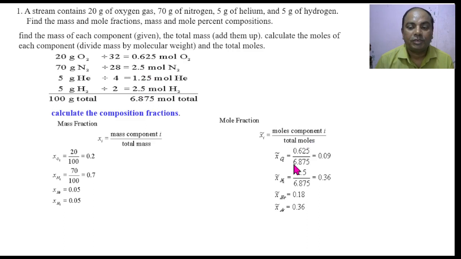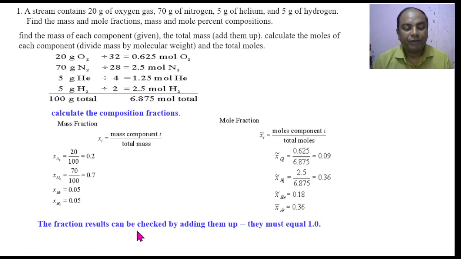So the moles of one component, oxygen, divided by the total moles gives a mole fraction of 0.09 for oxygen. Similarly, we can use the same equation to calculate the mole fraction of nitrogen, helium and hydrogen. This is the mole fraction of the constituents that make up the stream.